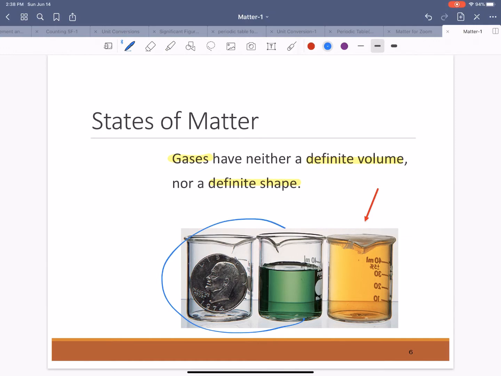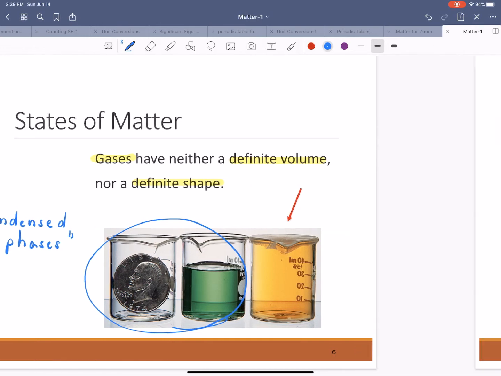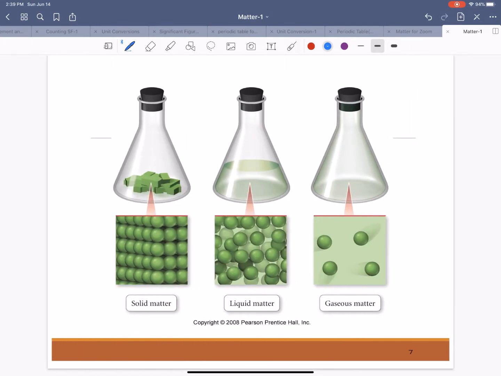So these 2 phases, solid and liquid, are called the condensed phases. And that simply means the atoms are next to each other. There's no space between them, not much space between them.